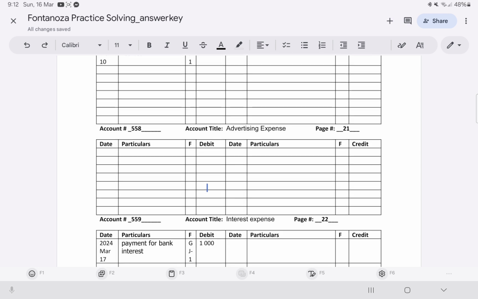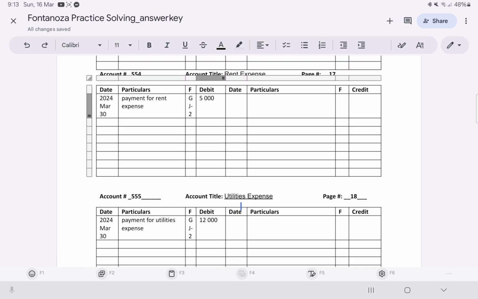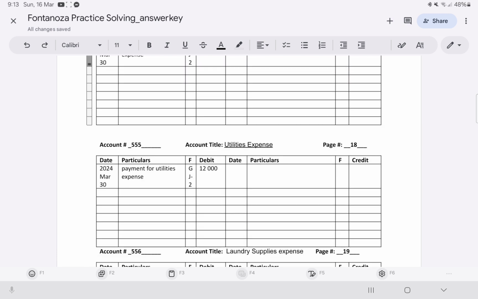Okay, a short reminder to everyone. When you're going to prepare a general ledger, make sure that your general journal is really correct, no? You should already be expert in journalizing entries.